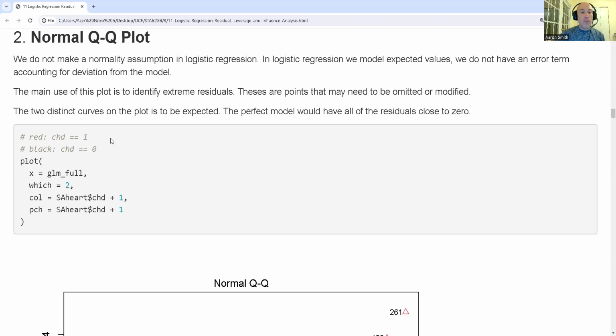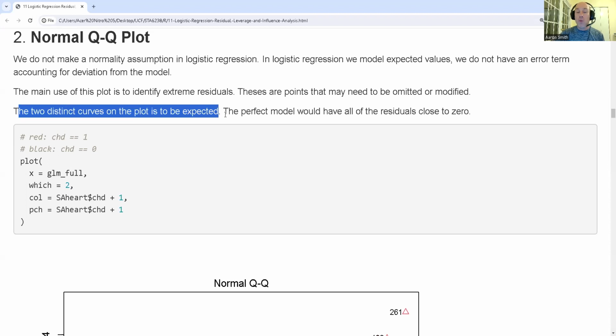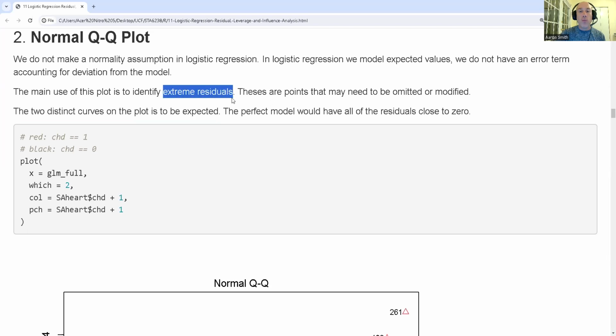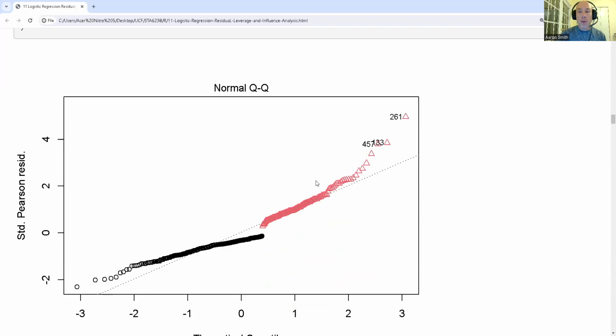All right, so now the curves are to be expected, and a perfect model would have residuals close to 0. And so for us, we're just trying to find extremes where either I'm going to modify the value or omit it. So I can either impute it for modification or mute it down, reduce it to be less extreme. And so we see the same values we saw a moment ago once again.